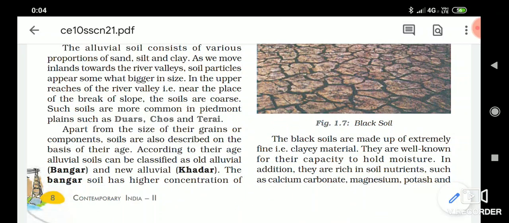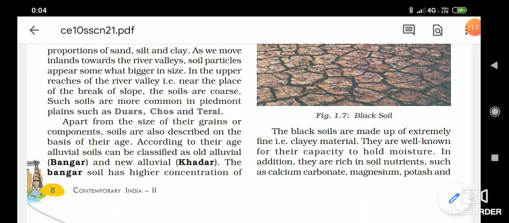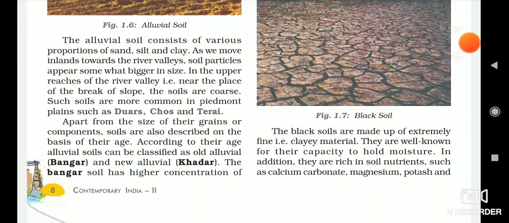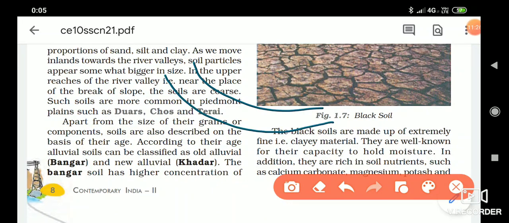Okay, and what are Khadar and Bangar? Let me tell you over here that suppose a river is taking lots of silt and clay material with itself.